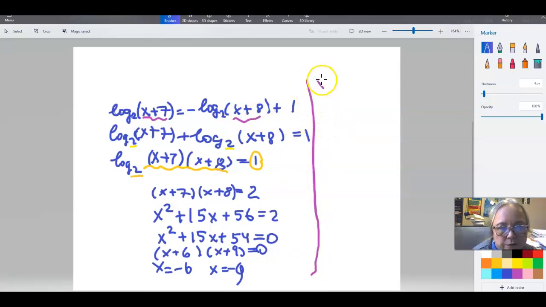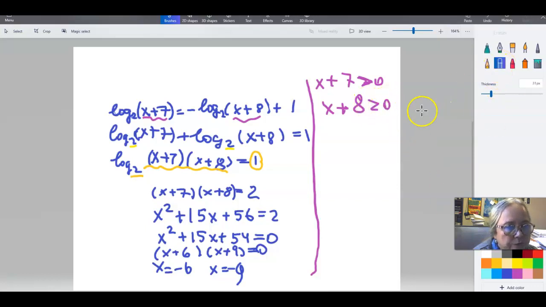In other words, x plus 7 greater than 0 and x plus 8 greater than 0. Make sure you see it's not equal, it's strictly greater.